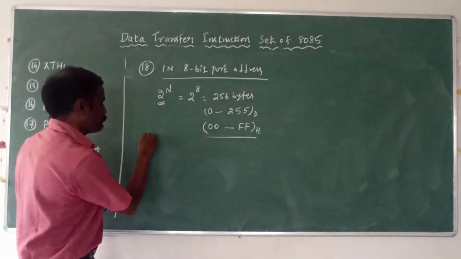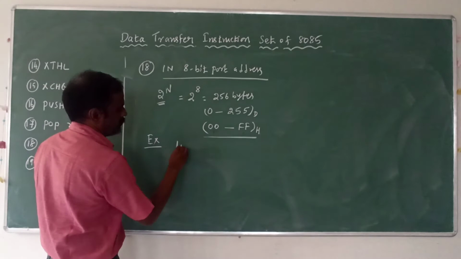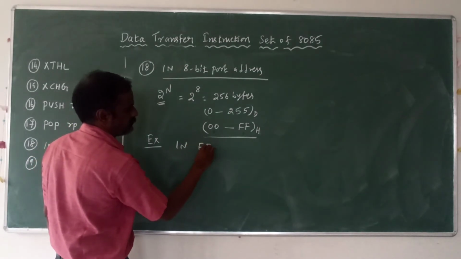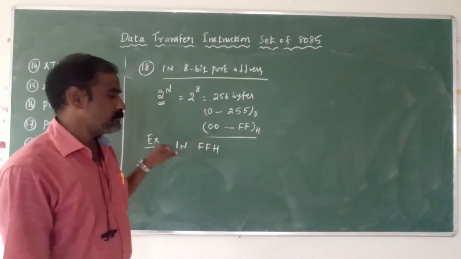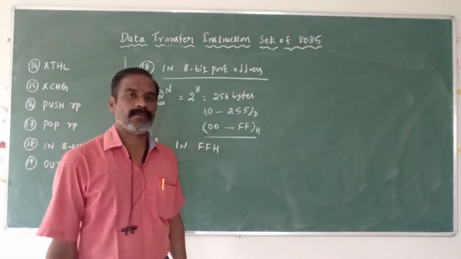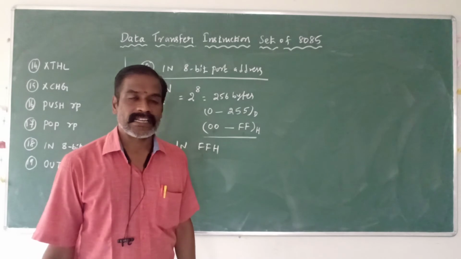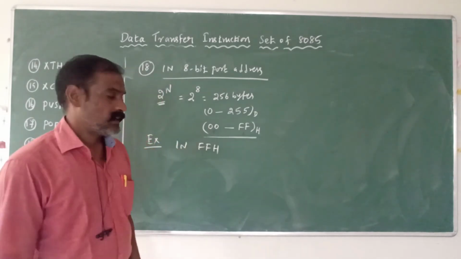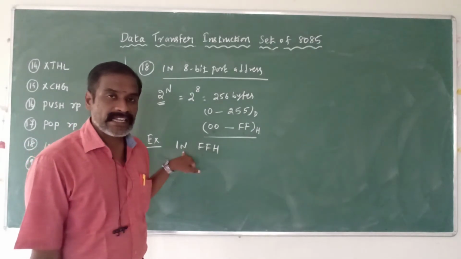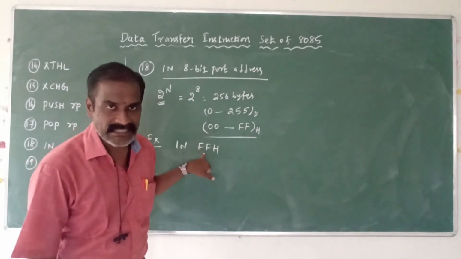Okay. Example, IN FFH. This is for an 8-bit port address. IN means to read the data, either from a keyboard or switches. IN means to read the data from the given port address.